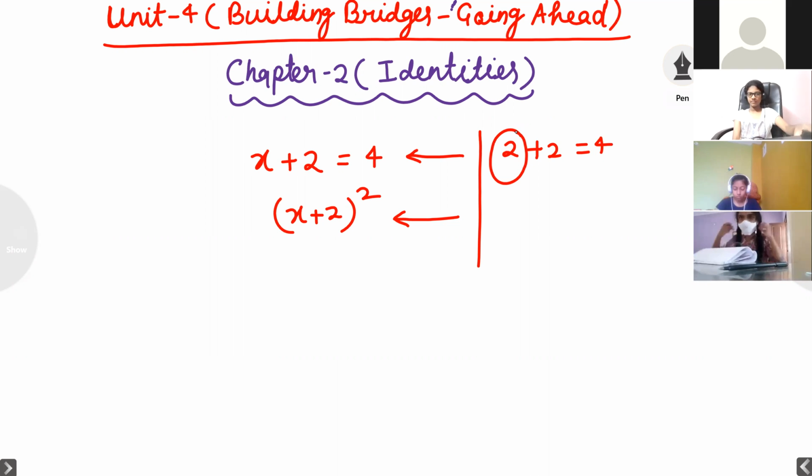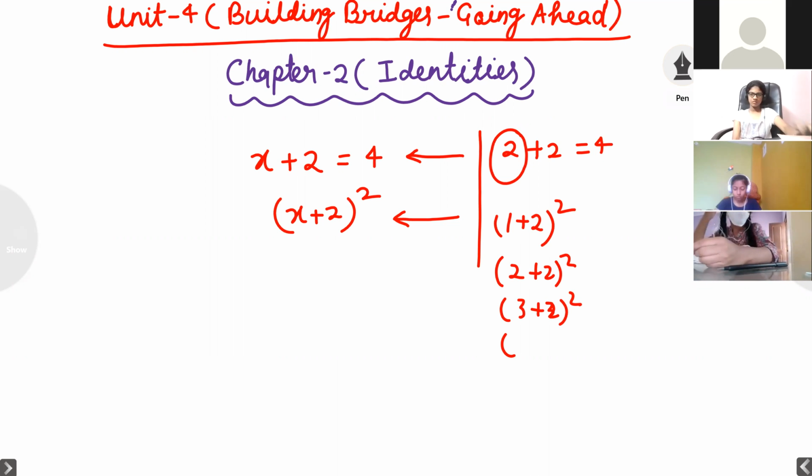But if I am talking about identity, in the place of x I can take any value: 1 plus 2 whole square, 2 plus 2 whole square, 3 plus 2 whole square, 4 plus 2 whole square. It means equation is true for some values and identity is true for all values.